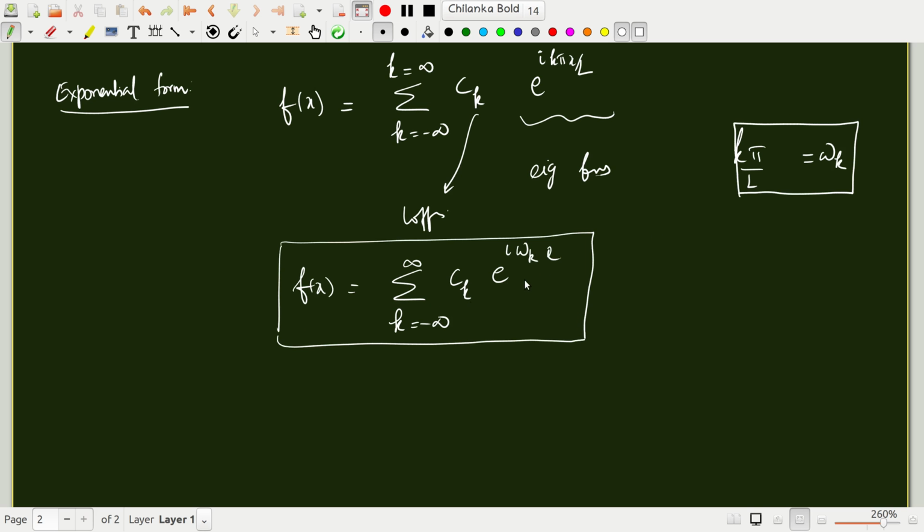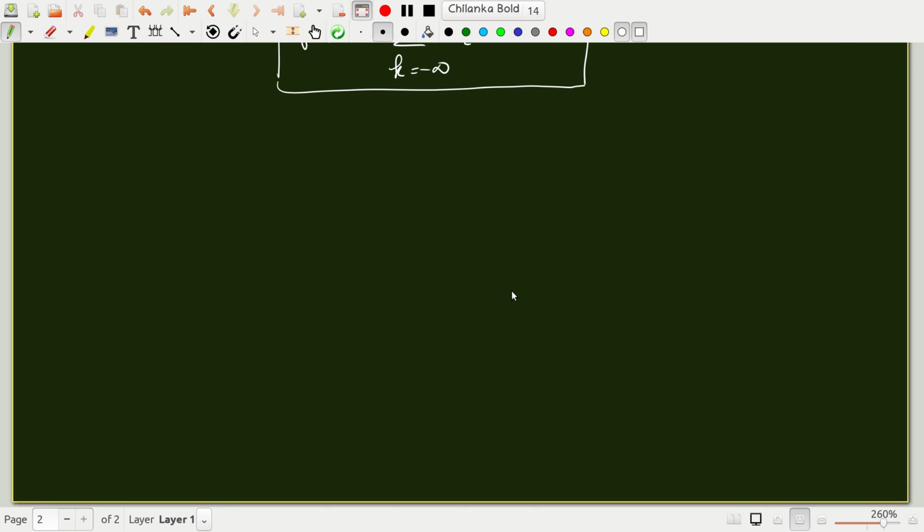The key idea is that k goes all the way from minus infinity to plus infinity. Now let's generalize Fourier series to functions that aren't periodic.